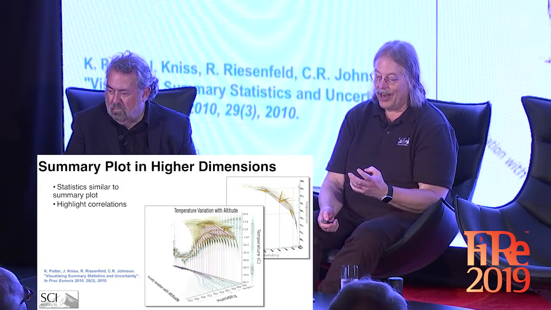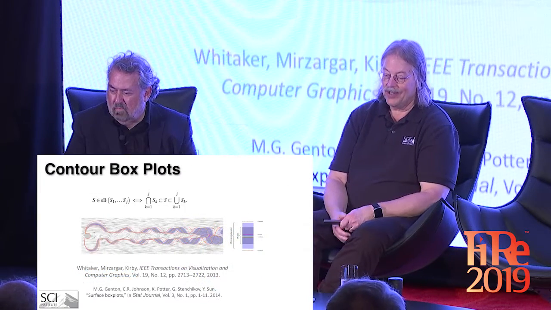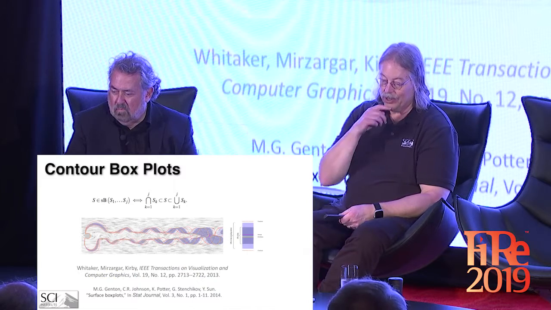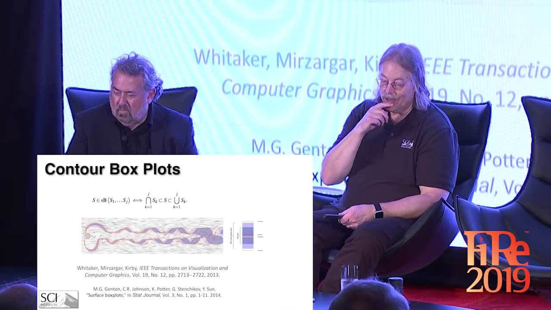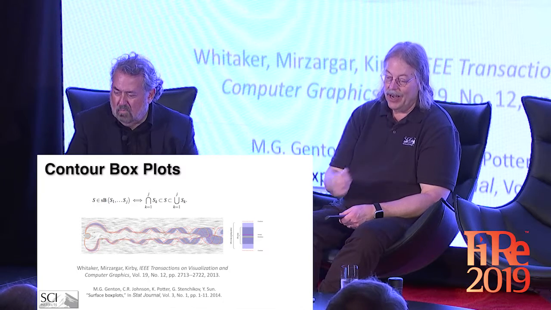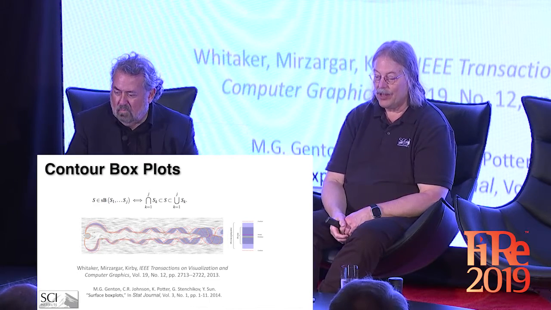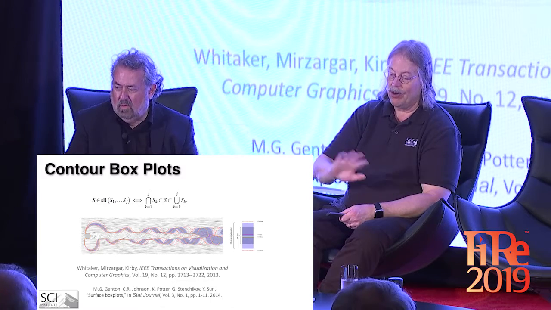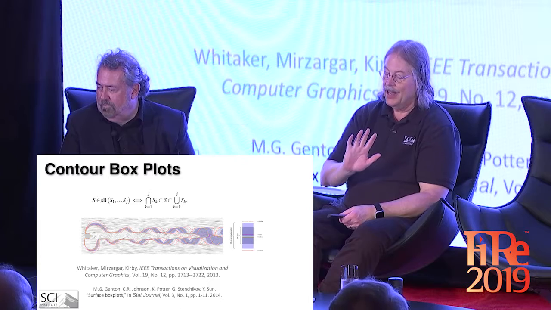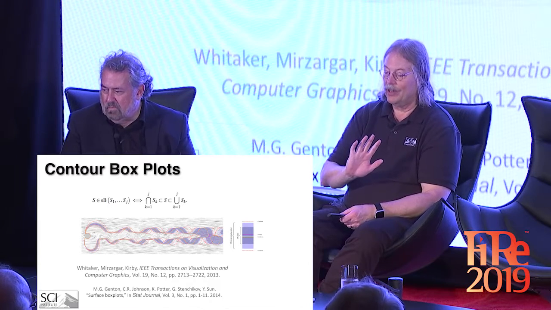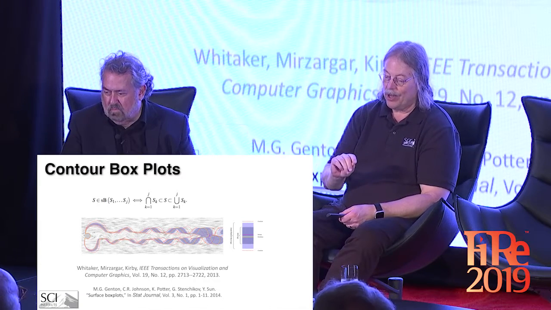And one that I think is the best is this one that was done by my colleagues, Ross Whitaker, who has been here before, and Mike Kirby, along with their student, Masha. This was an extension of box plots into higher dimensions. They did it into what are called contour box plots. Christy and I did it into something called surface box plots. It's a mathematical equivalent to the original Tukey box plot, but in a higher dimension.